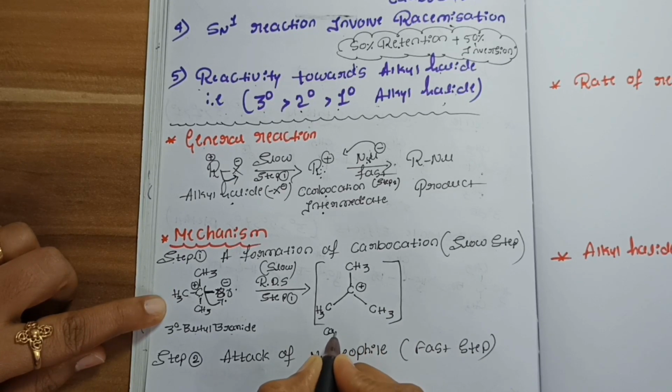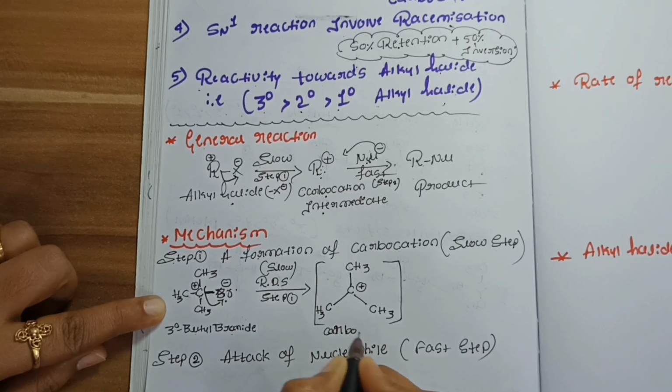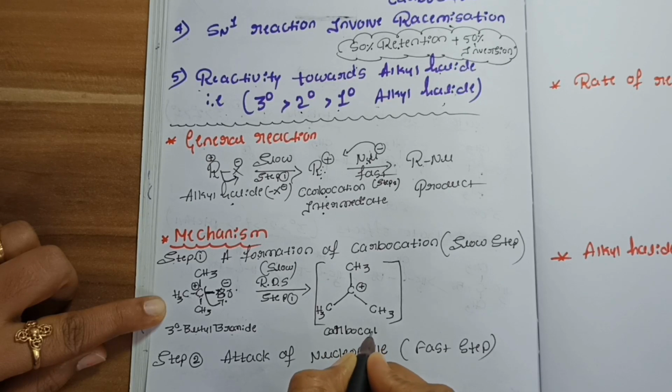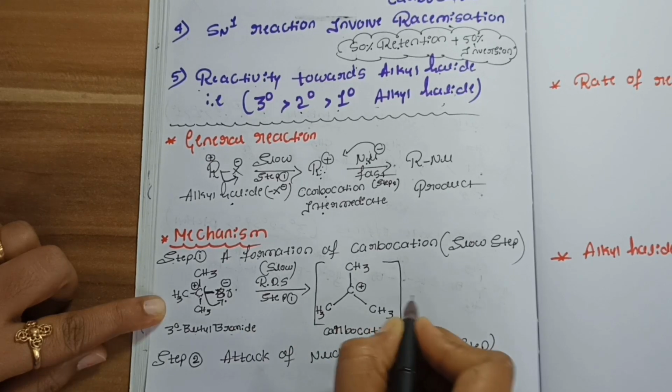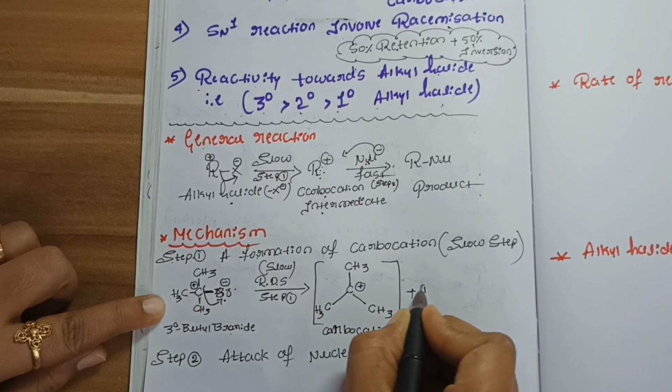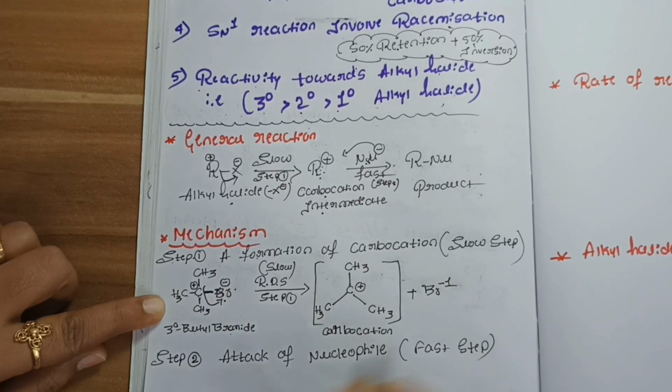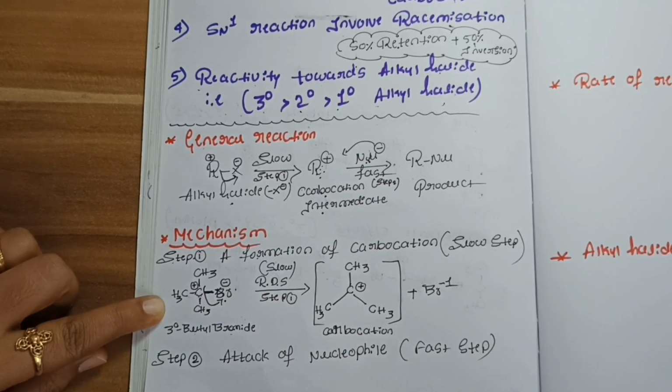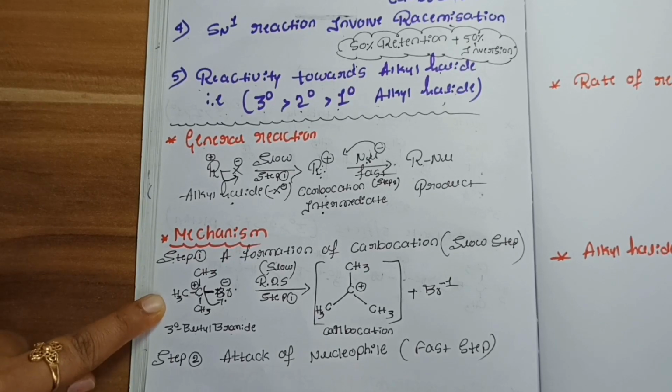Plus we will get Br minus. This step we call the slow step, or rate determining step.